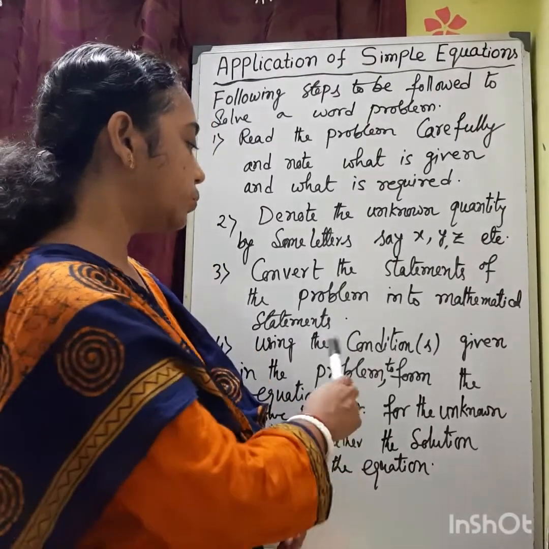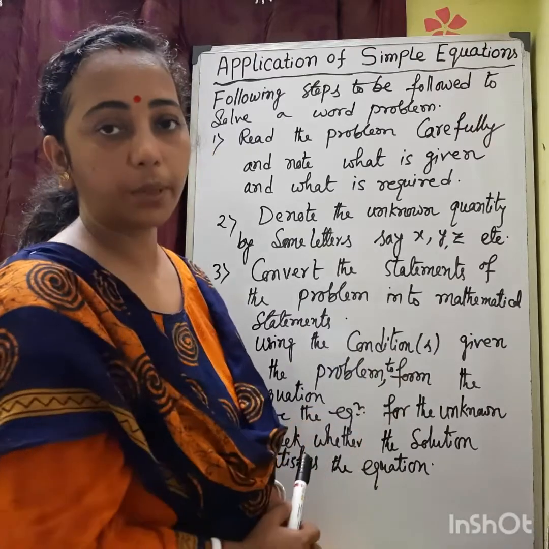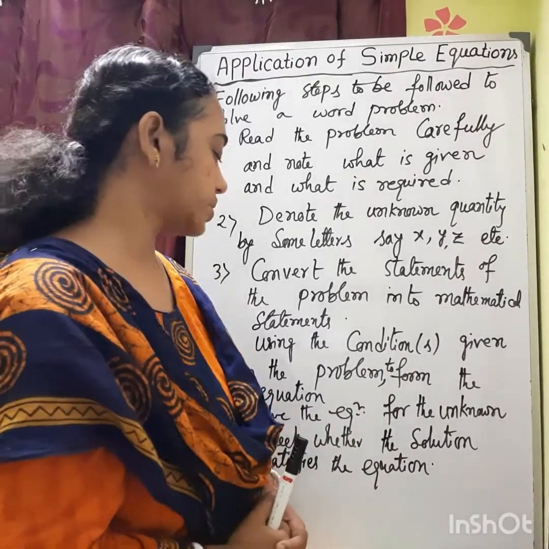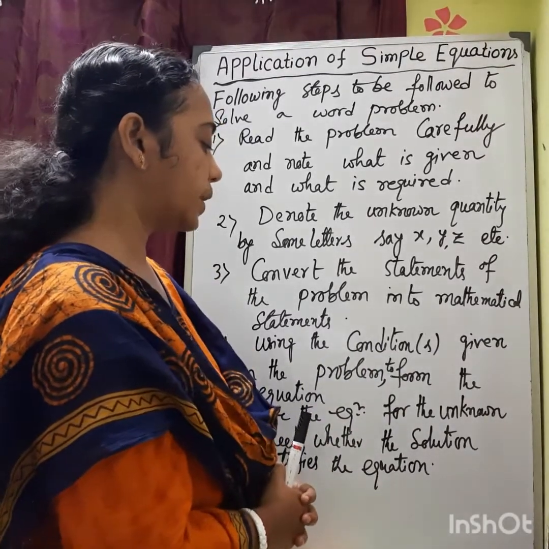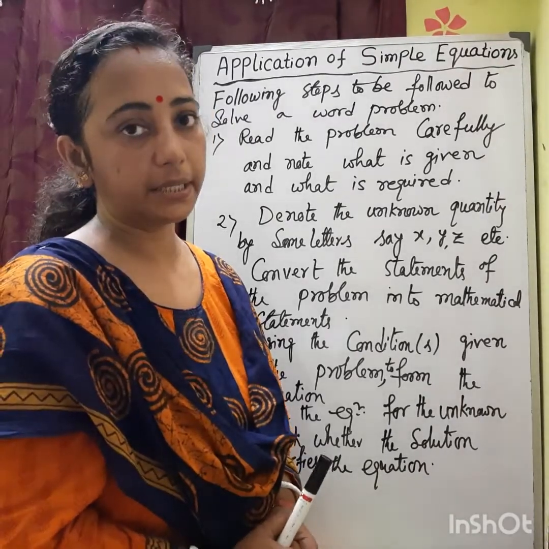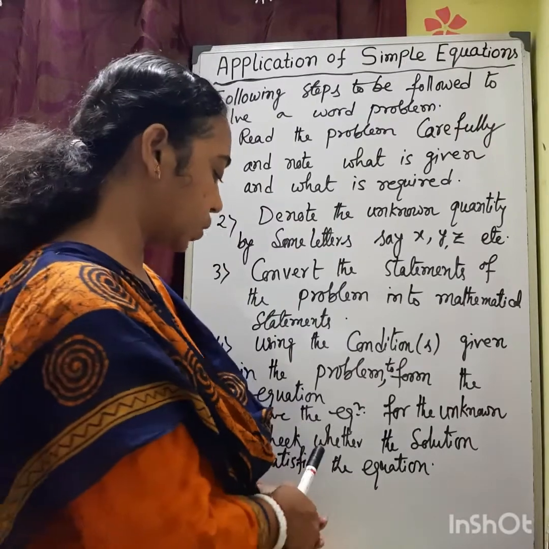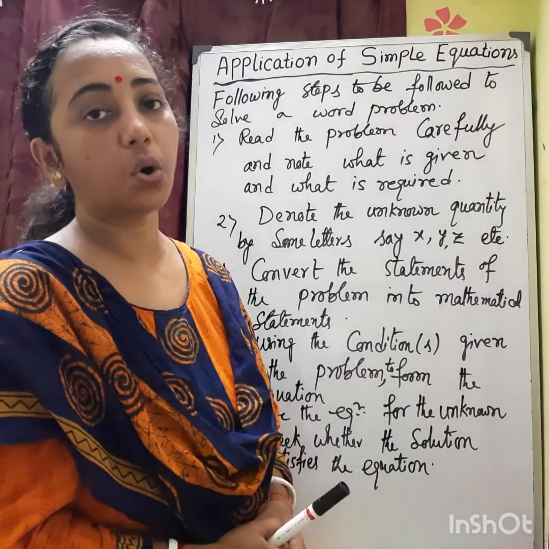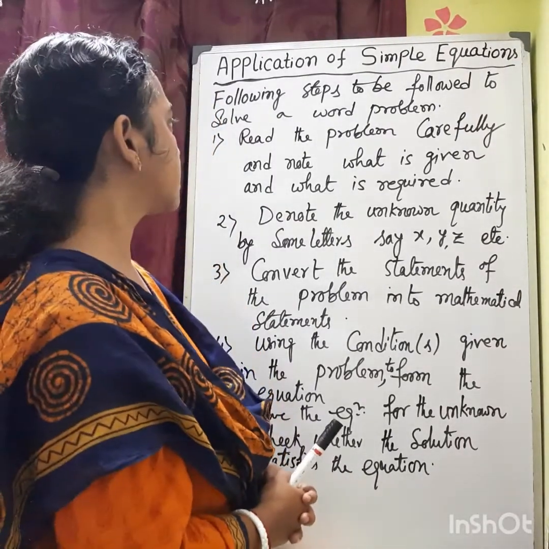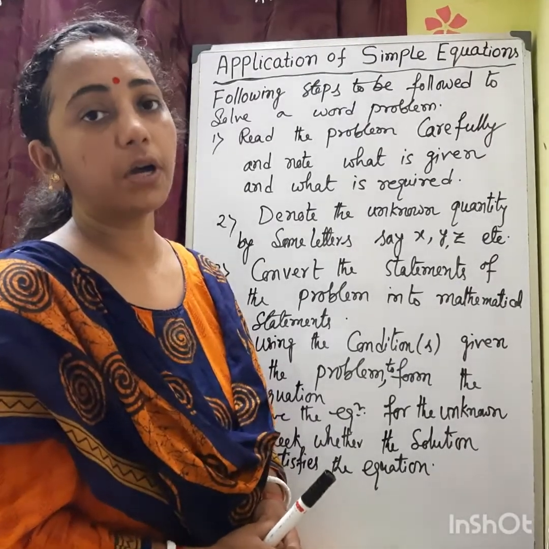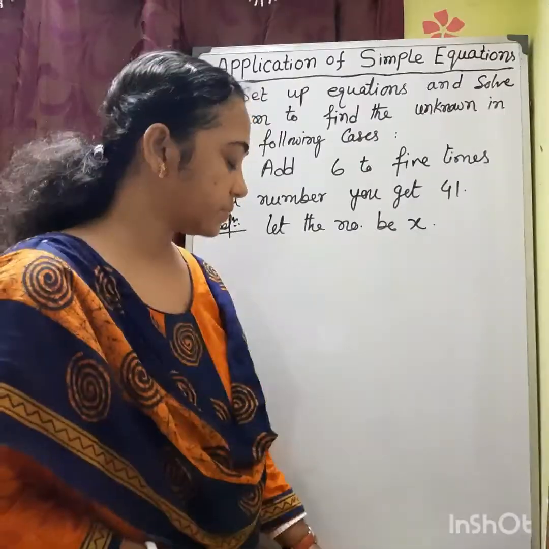After that, using the conditions given in the problem, we form the equation, then solve the equation for the unknown quantities, that is for the variable. After that, we check whether the solution satisfies the equation or not. So these are the steps to be followed while solving a given word problem.